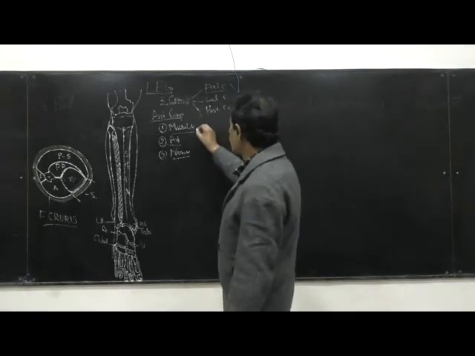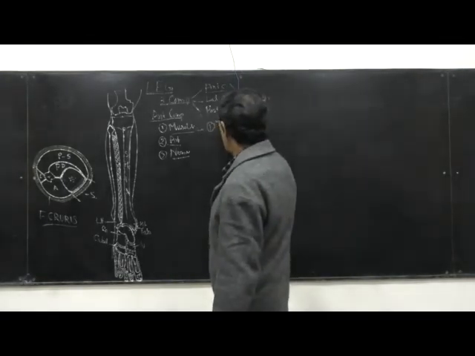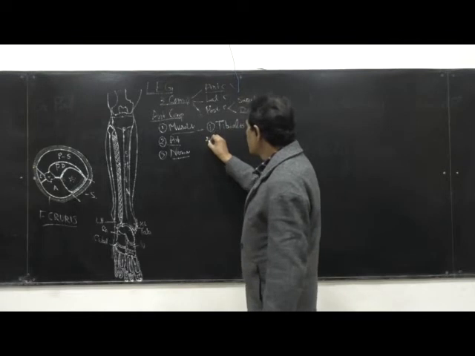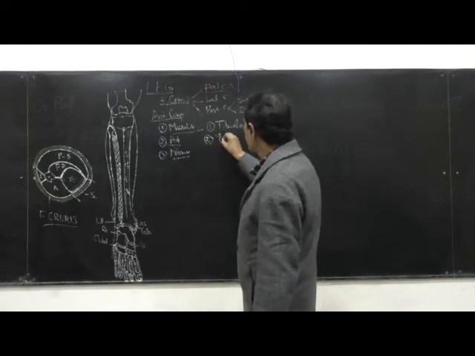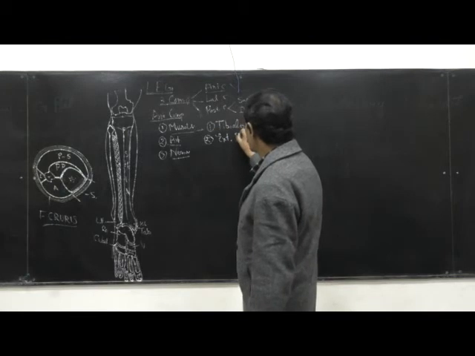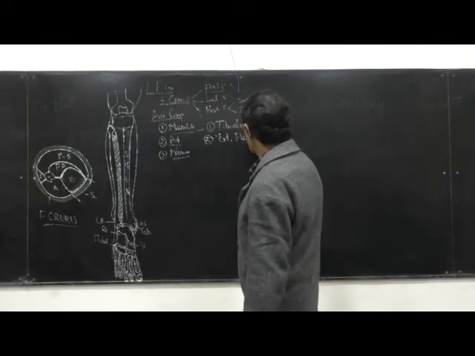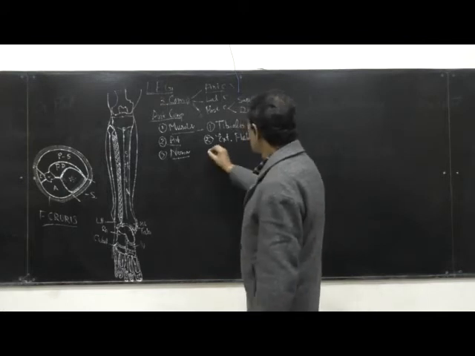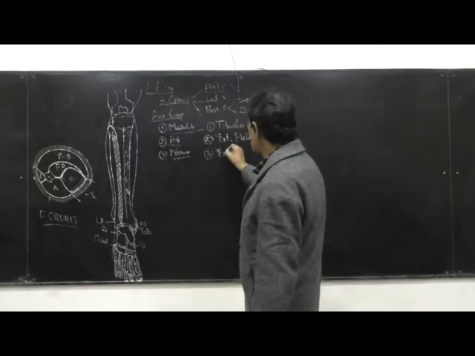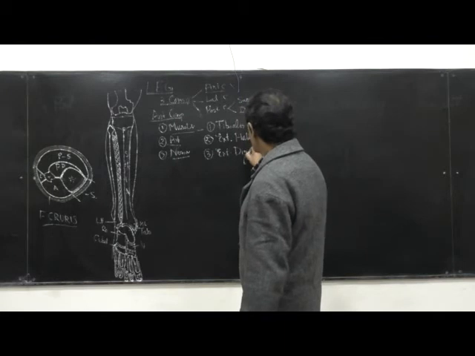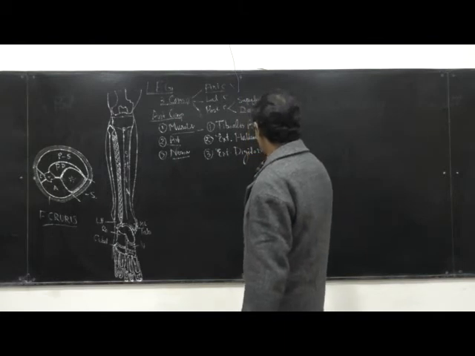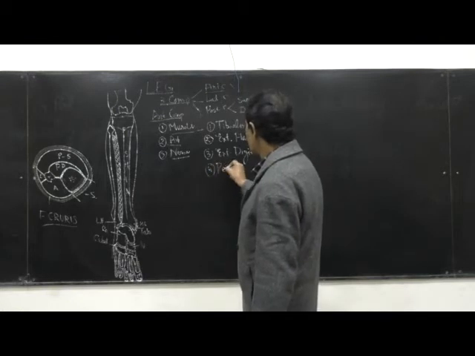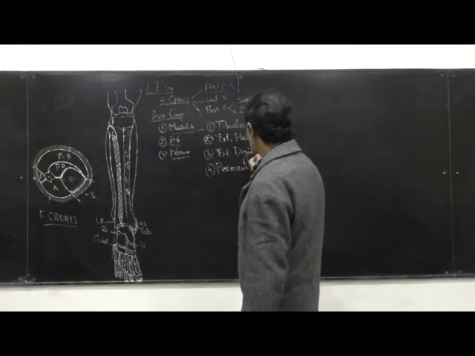anterior compartment. The names of the muscles of the anterior compartment are the tibialis anterior; second muscle is the extensor hallucis longus; third muscle is extensor digitorum longus; and the last muscle, the fourth, is the peroneus tertius.